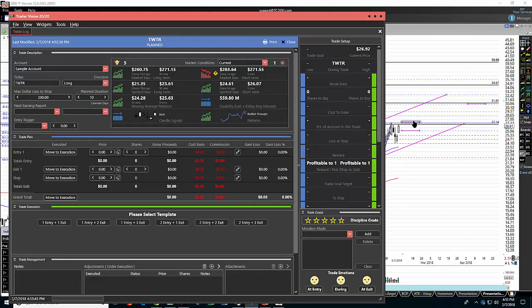So we've got an entry up here about 27.50. We've got a stop down here about 26.15, let's call it. And we've got a first target up there around 30.85-ish.